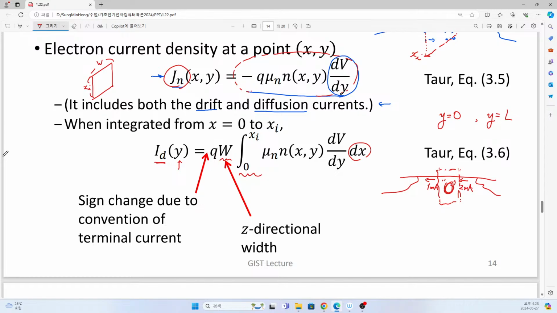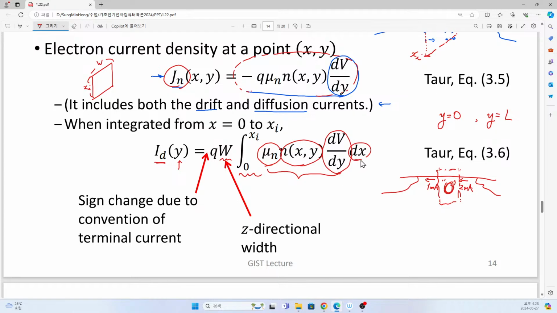Yes, so now let's have a look at this integrand. The integrand contains three different terms. Here we have mobility, electron density, and dV over dy, the y-directional variation of our electron quasi-Fermi potential.